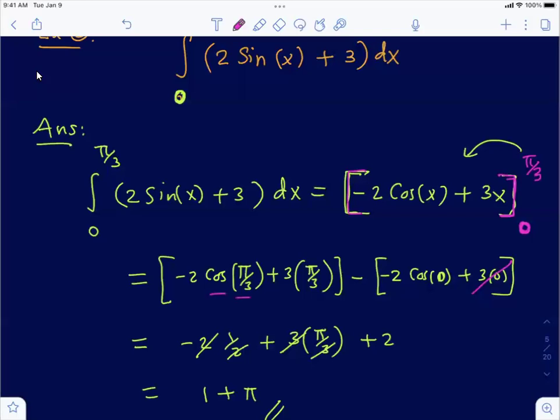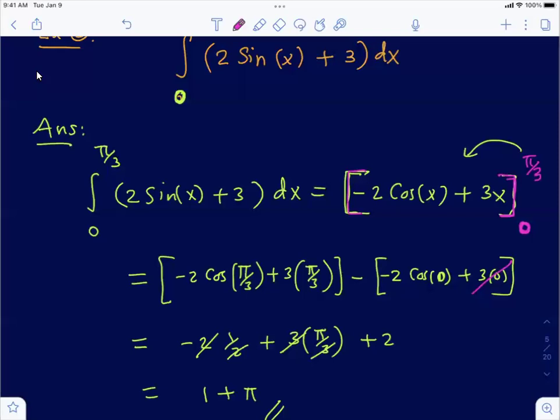So cosine pi over 3 is none other than 1/2. That's what we have here. Don't forget, 1/2 will cancel with 2 that appeared in the previous step. And then here 3 times pi over 3, because once you have just x, just include x. So 3 times pi over 3, again 3 will get cancelled, leaving a nice round symbol at least.